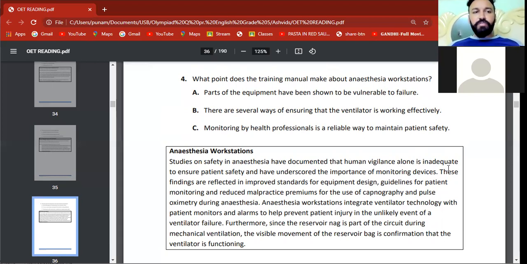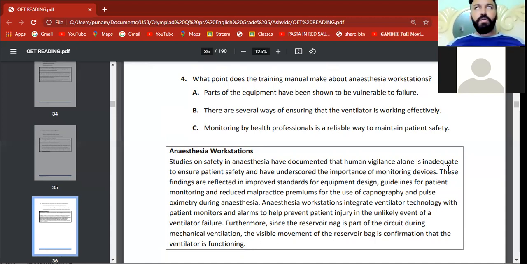There are several ways of ensuring that the ventilator is working effectively. So, ventilator working effectively. First is failure of equipment.